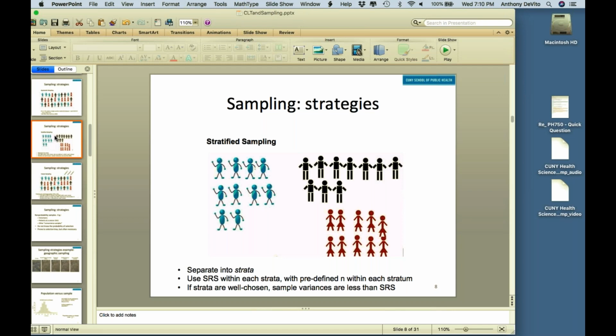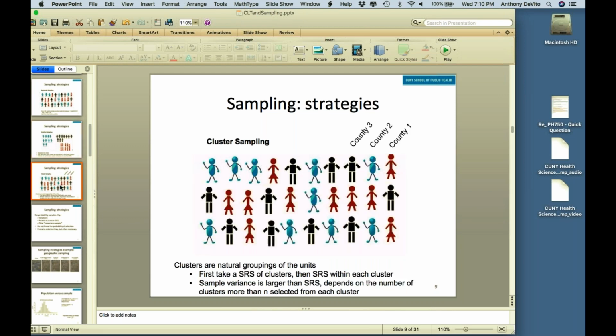If you get too many people from Staten Island, it's going to throw your poll off if you're looking for the overall voting result for the entire city. So that's why you might stratify that. How's that? Are we okay with that so far? Make sense? You can, of course, take a closer look at this later on.